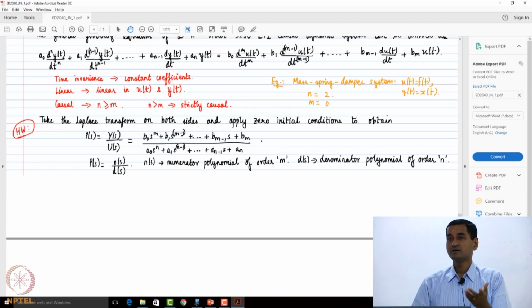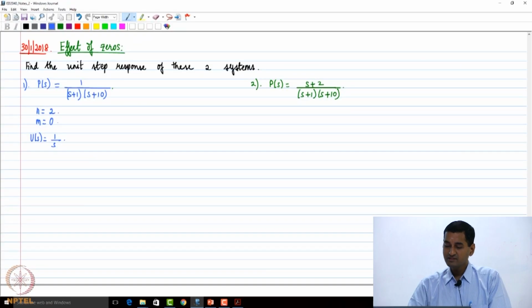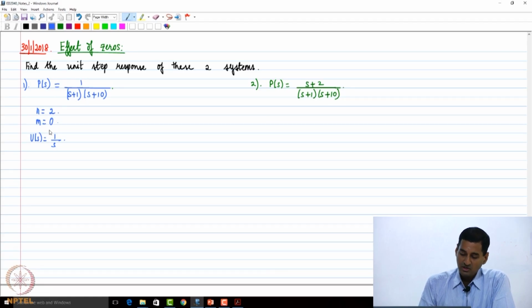That is the general governing ordinary differential equation for the class of systems that we are considering in this course. If you take the Laplace transform and substitute zero initial conditions, you can immediately observe that the denominator polynomial is an nth order polynomial and the numerator polynomial is an mth order polynomial. Assuming that none of the factors are common between the numerator and the denominator, we could look at the plant transfer function itself and interpret the order of the system. That's how we write down the values of n and m.